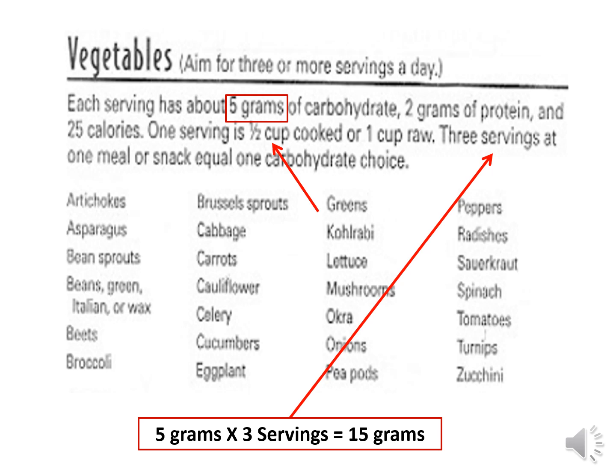So remembering that one choice of carbohydrates is 15, you will be able to have three servings of cooked 1/2 cup vegetables, and that will equal 1 carbohydrate choice.